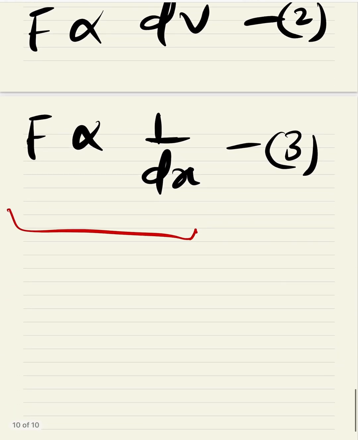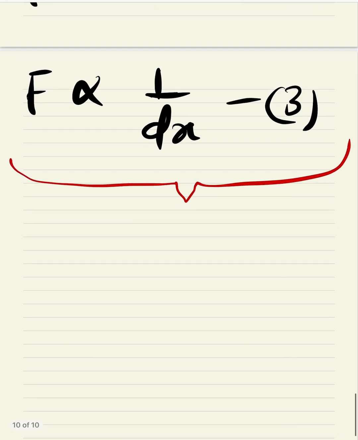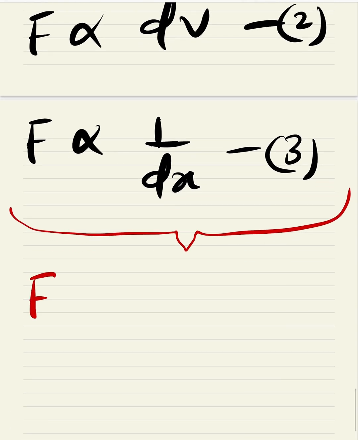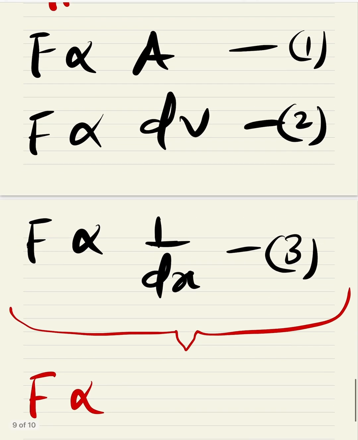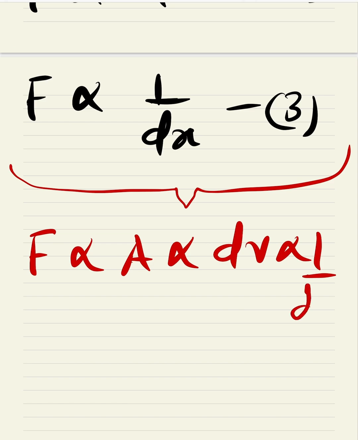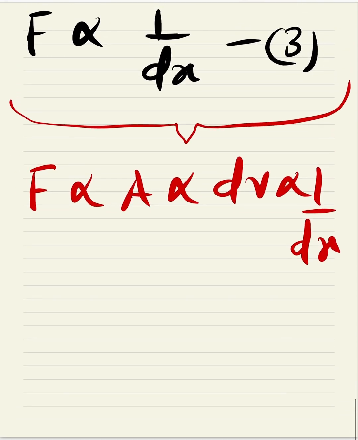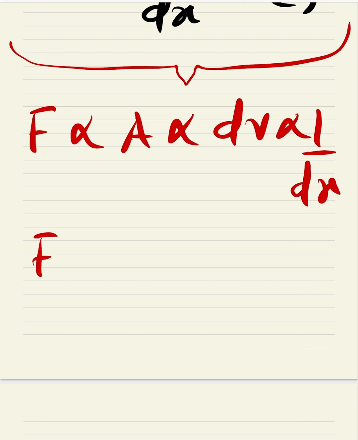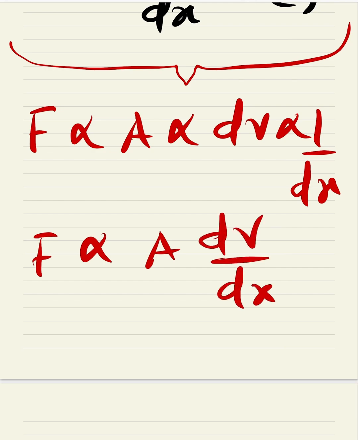If we join those together, it's going to give us F directly proportional to A, directly proportional to dV, and inversely proportional to dx. So we can write this as F proportional to A times dV over dx.